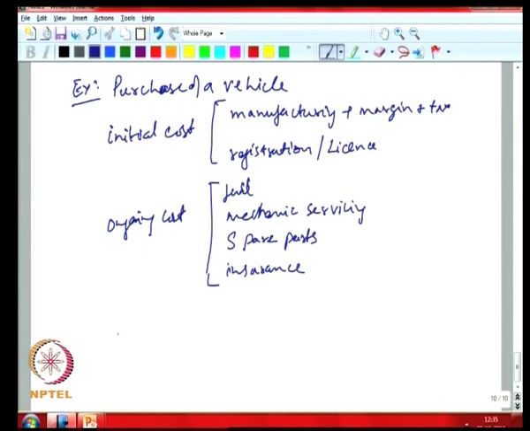And you might also have an end of life cost, in which case here it may not be a cost, you might get some money back when you sell the vehicle after so many years of operating it.